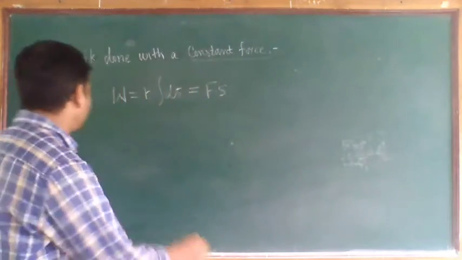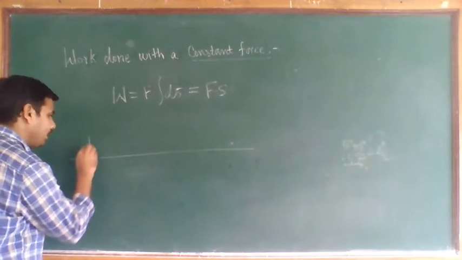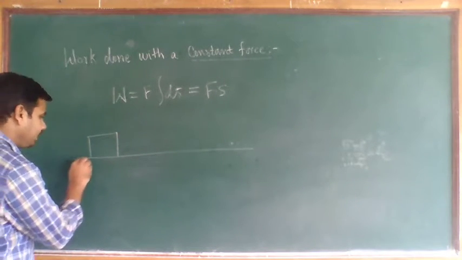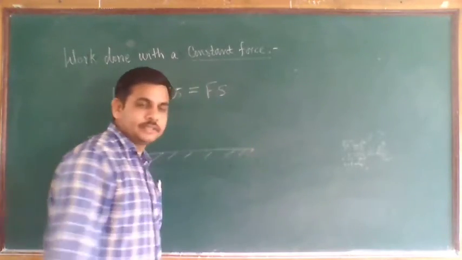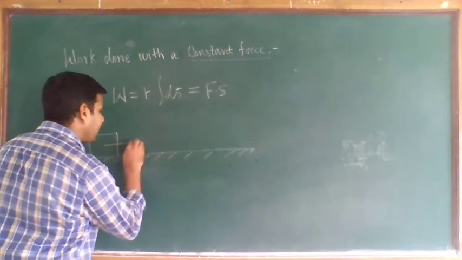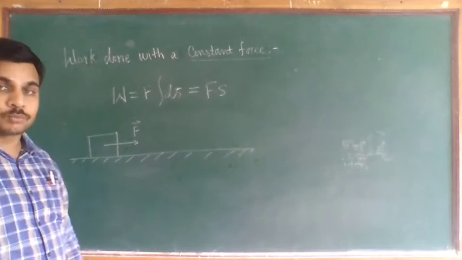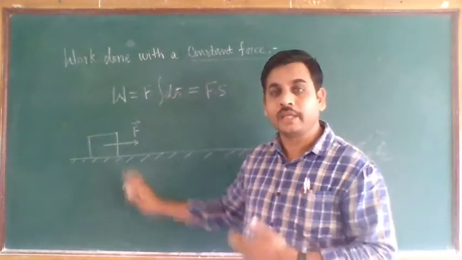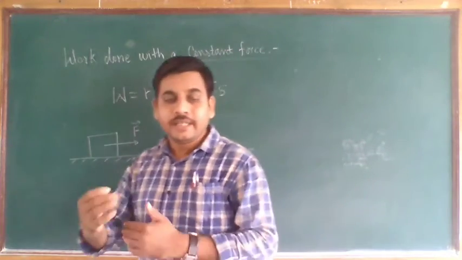Here we consider one block on any surface, and in that condition we are applying the constant force. You know that if you apply a force to any body, this body will be displaced.